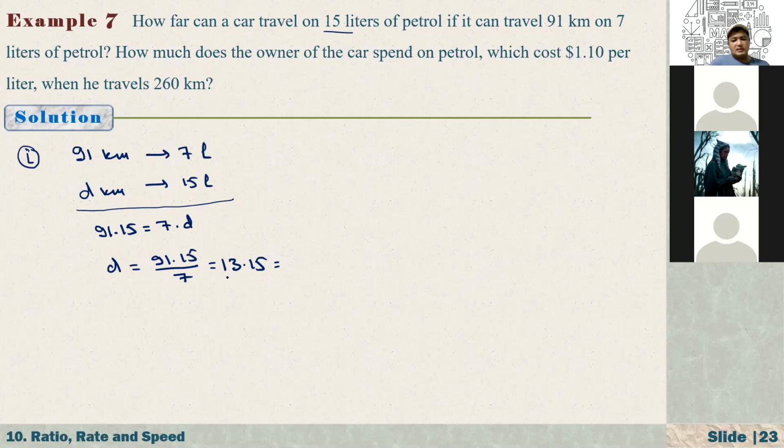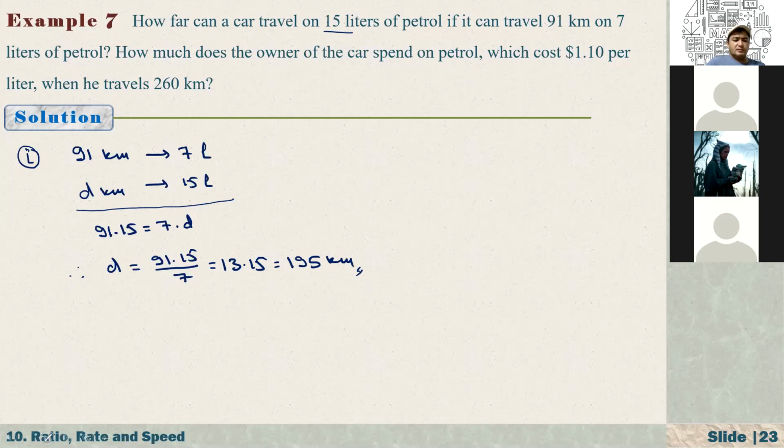And 13 times 15, 10 times 15 is 150, 3 times 15 is 45. So that's equal to 195 kilometers. So if you put 15 liters of petrol into your car's tank, it can travel 195 kilometers.